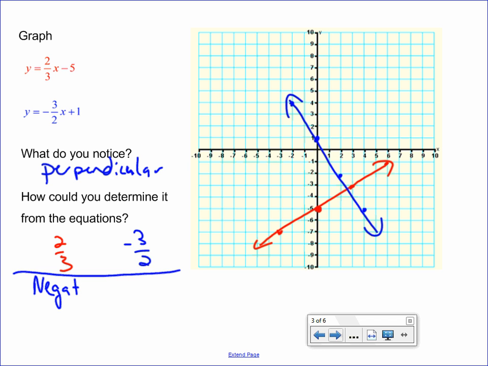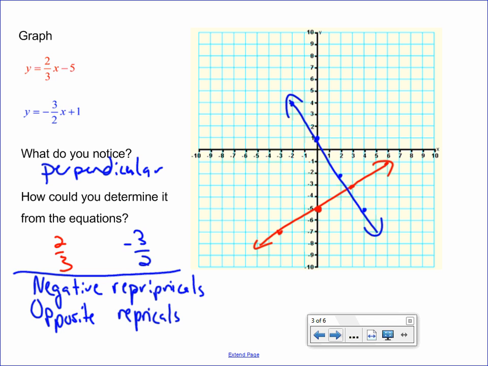They're negative, or opposite, of one another, and they are reciprocals. These two phrases will be used. So you should jot in your notes: perpendicular lines, slopes are negative reciprocals, or opposite reciprocals.